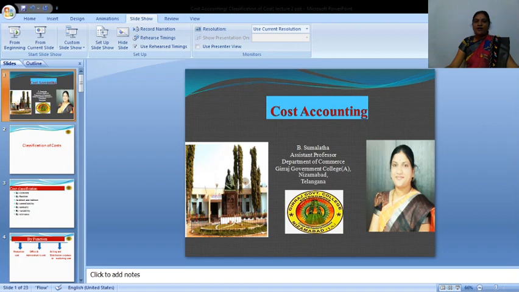That's why we have got an umbrella concept known as management accounting. In this course, our focus is going to be on cost and management accounting, mainly on the techniques which are used for decision making. We also discussed what is cost, and then we went into classification of cost.